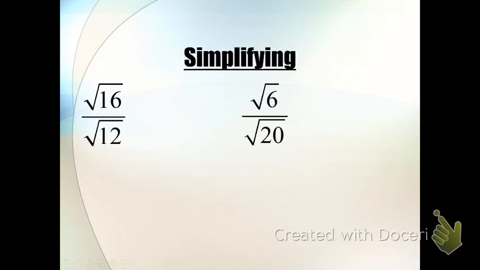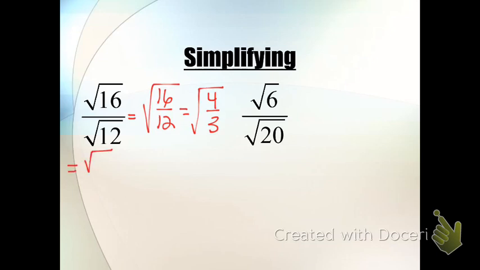Alright, let's try 2 more of these. First we'll look at the square root of 16 over the square root of 12. Now I noticed that 16 over 12 does reduce, and sometimes it's easier to work with smaller numbers, and using our quotient property from the last video, I know that this is the same thing as the square root of 16 twelfths, and 16 twelfths is 4/3, and then I can use the quotient property again and change that to the square root of 4 over the square root of 3 and get 2 over root 3.